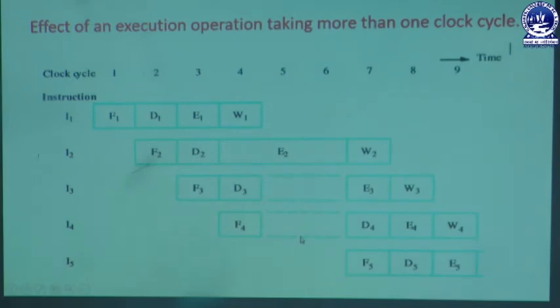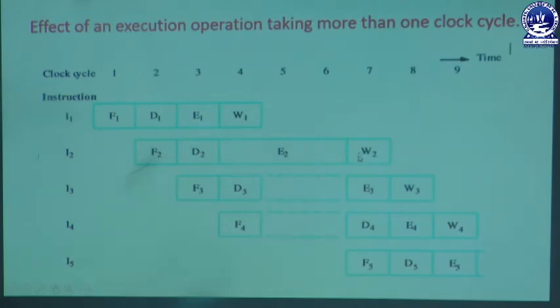Okay. So this is an example of the effect of an execution operation taking more than one clock cycle. Not only the execution operation, maybe sometimes the fetching operation takes more than one clock cycle, maybe the decode unit, maybe the write operation.